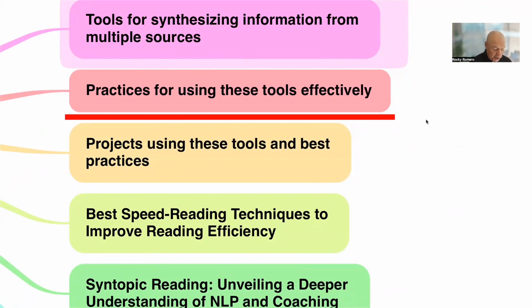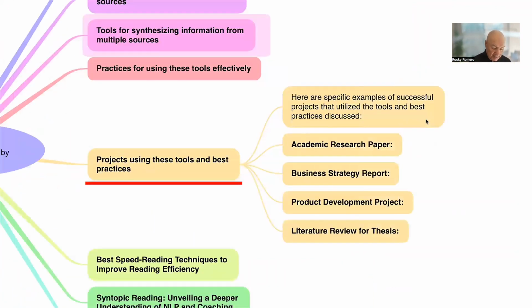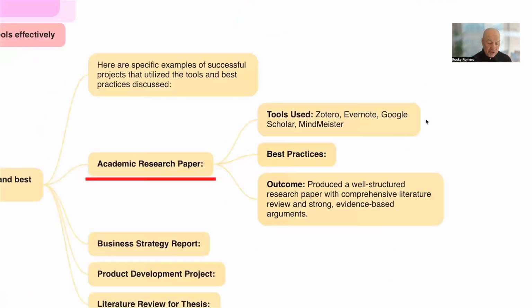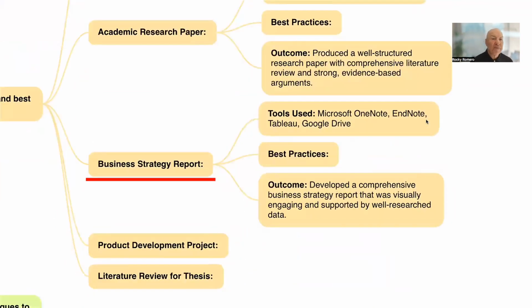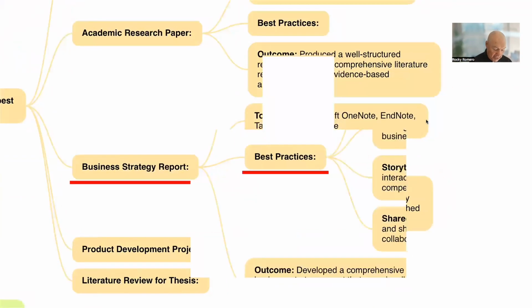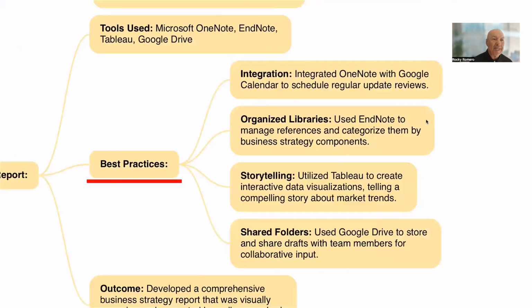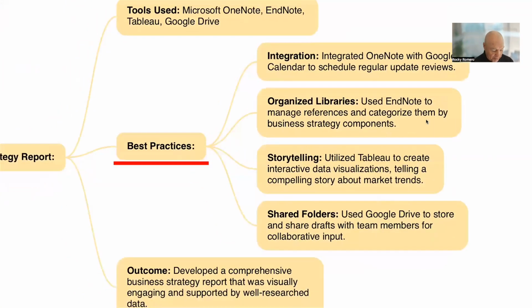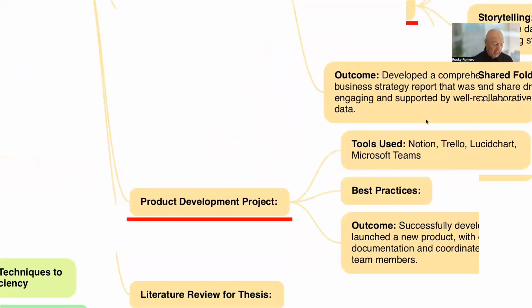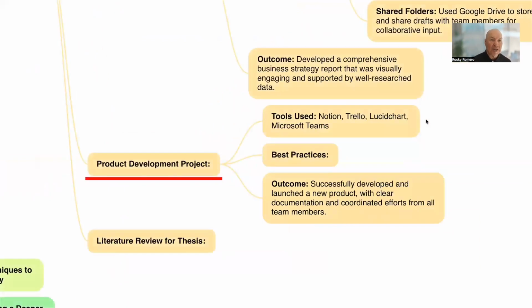Projects using these tools and best practices for academic research. And I do my own research and use MindMaster and Google. Business strategy, Microsoft, and of course, looking at different outcomes. Best practices, the storytelling, the shared folders, and product development project.